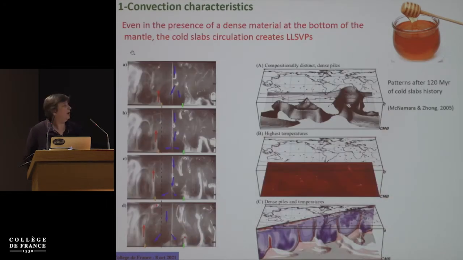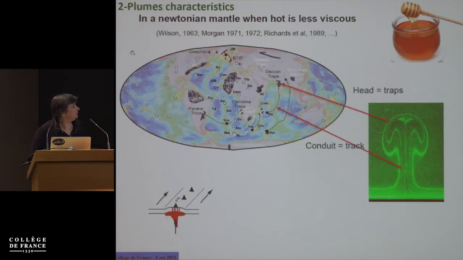But if you add some denser material, here in the experiments it's this bright color material at the bottom of your mantle, or here numerically in the real mantle, you still have the downwellings that are going to push around your LLSVPs, and so you're still going to end up with LLSVPs and upwelling surrounded by slabs. So the first order convection, I think, is understood.